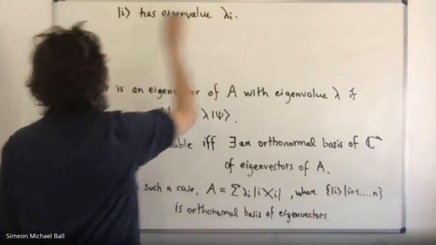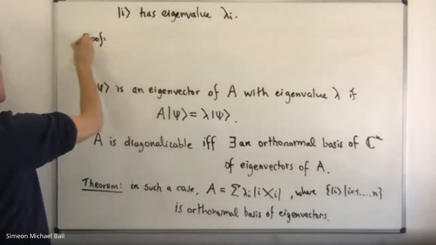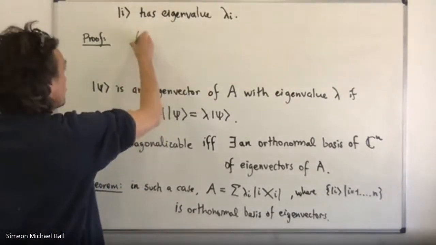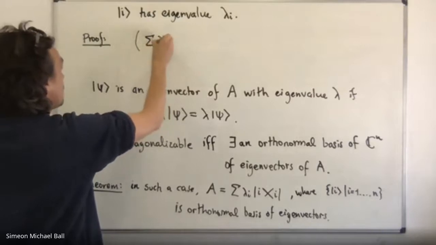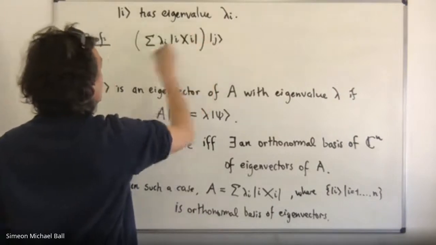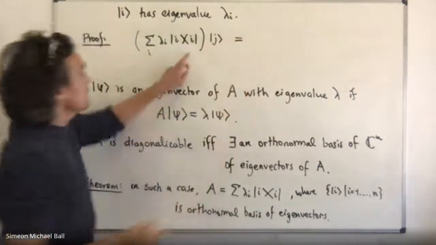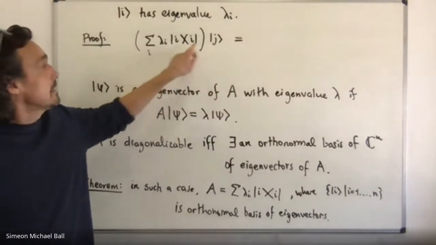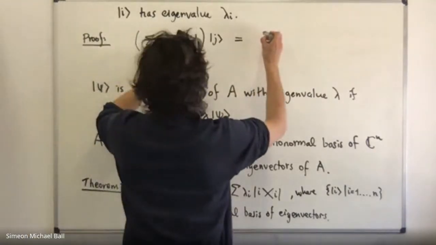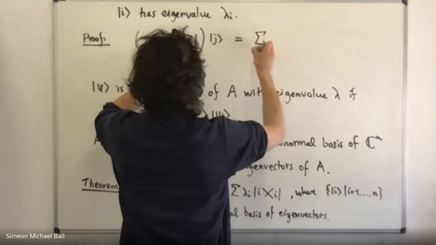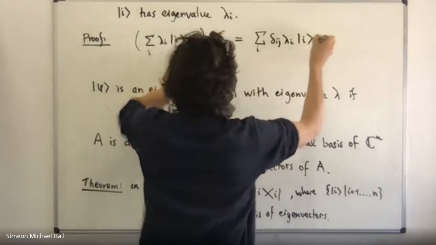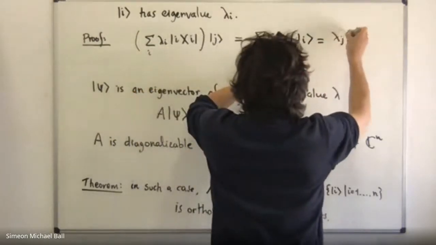Okay, so let's just prove that. The idea is that if we calculate the sum of lambda I |I><I| applied to |j>, then since this is an orthonormal basis, the inner product <I|j> is just delta ij, so it's going to be the sum over I of delta ij lambda I |I>. So this is going to be 0 unless we have I equal to j.